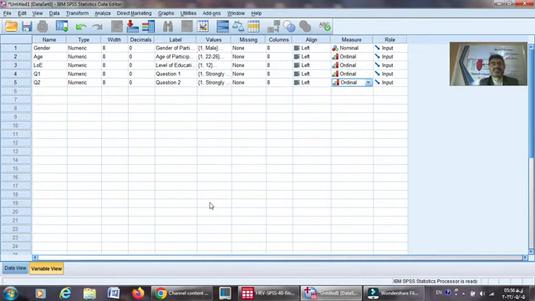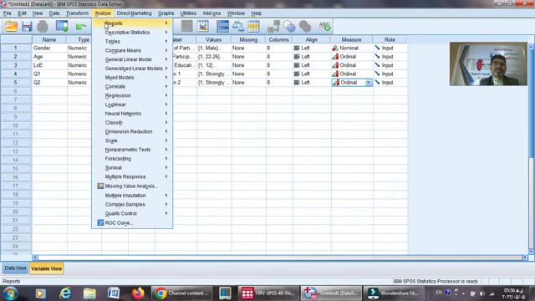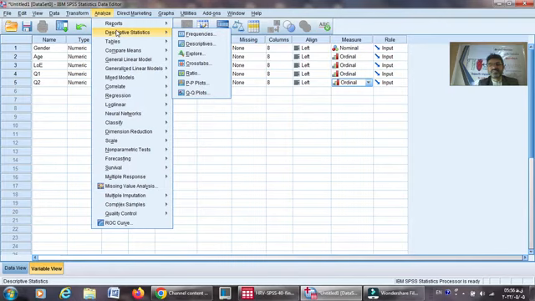Then when we start analysis, as I mentioned before, it's very important to know why to use particular tests. The first option is descriptive statistics. But one very important thing is that when we collect our data, we have to test whether the data is reliable and normal or not.